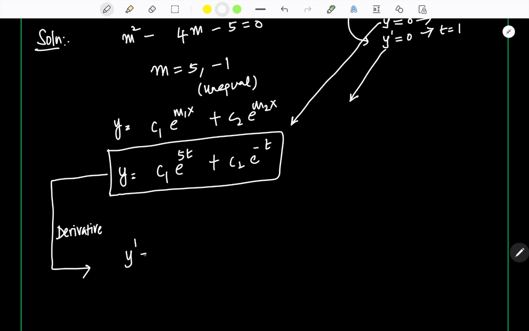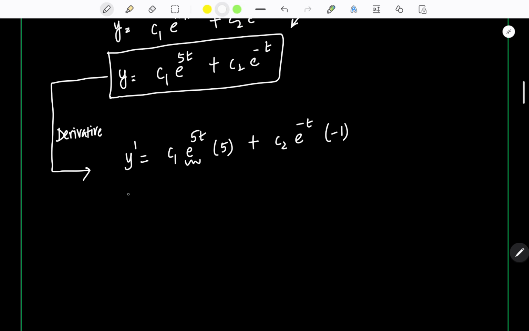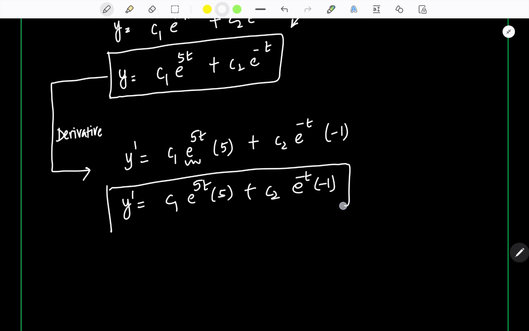So y dash is equal to c1 e power 5t times 5, since the derivative of e power 5t is e power 5t times 5, plus c2 e power minus t times minus 1. Keep this as the second equation. I'll call the first one equation number 1 and this one equation number 2.